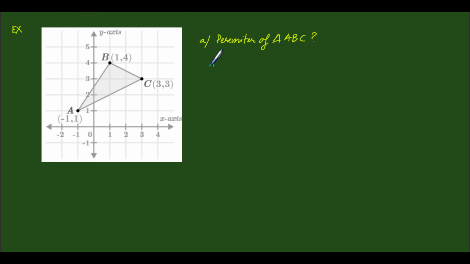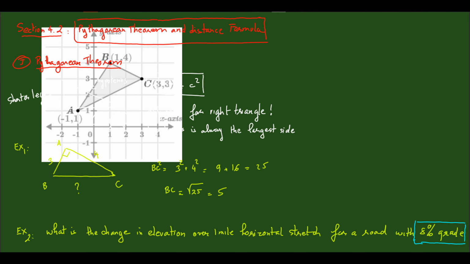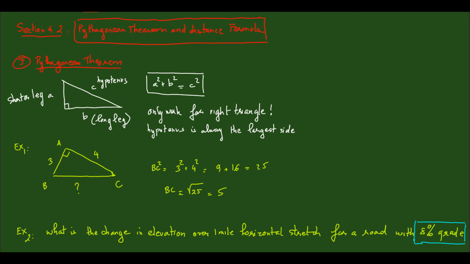So I'm going to find length AB first. Very easy, just apply the coordinates. Just apply the formula. So this is x2 right here, x1 right here. Let me check the formula one more time, make sure I wrote it down right.